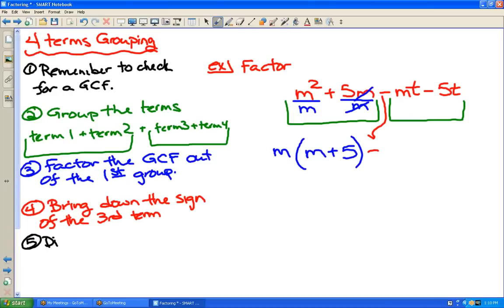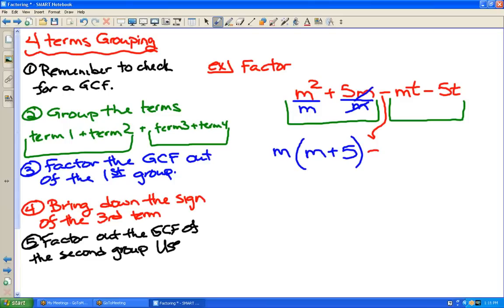Factor. And this is that you have to use the sign.